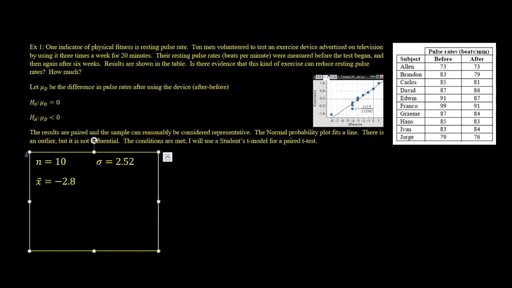Our t value is negative 3.5. We had 10 minus 1, or 9 degrees of freedom, and a p-value of 0.0034.